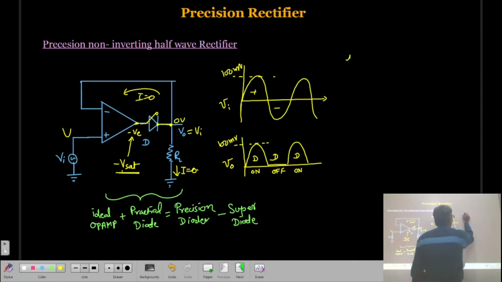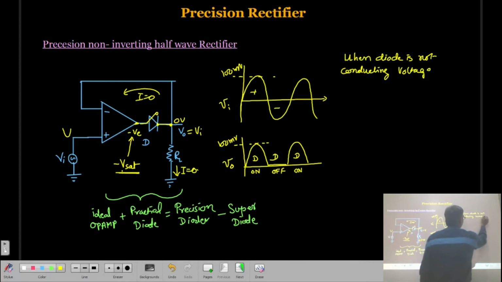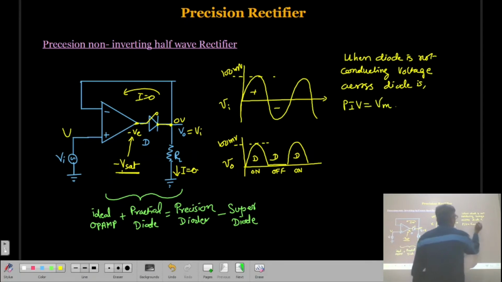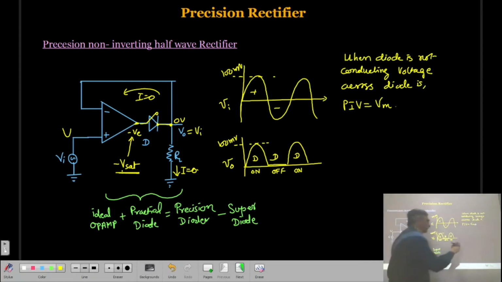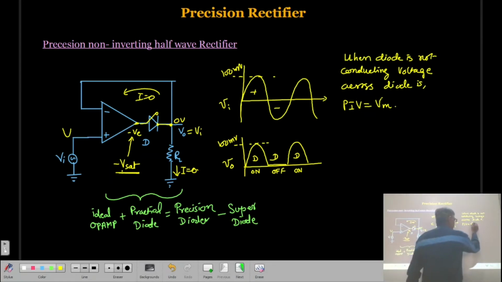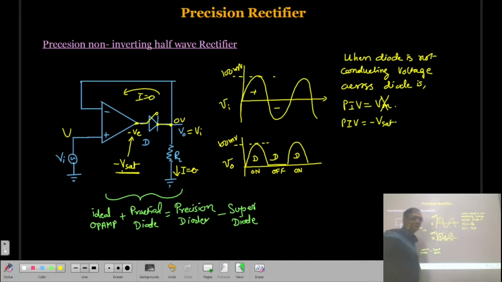So here, when the diode is not conducting, then the voltage across the diode is known as the peak inverse voltage, and that will be equal to Vm. But normally in this case, instead of Vm, my peak inverse voltage will be minus V saturation.